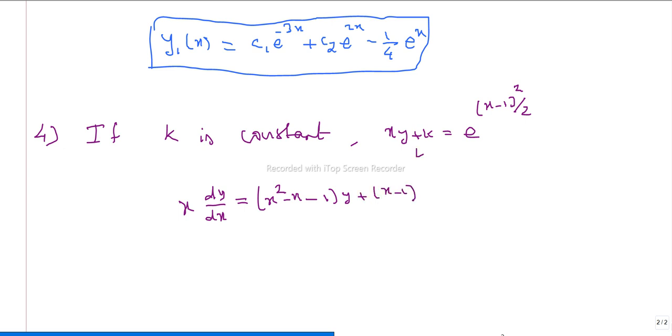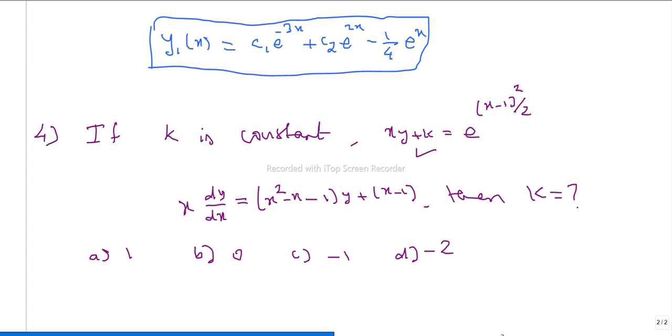Suppose this function satisfies this equation, then what is k? The first option is 1, the second option is 0, the third option is -1, the fourth option is -2.